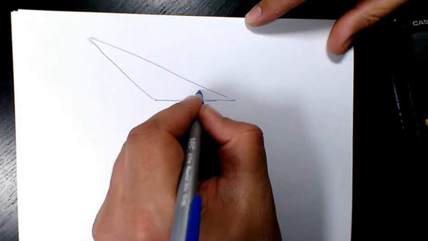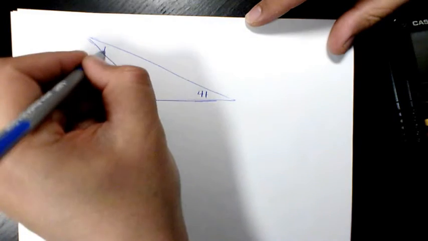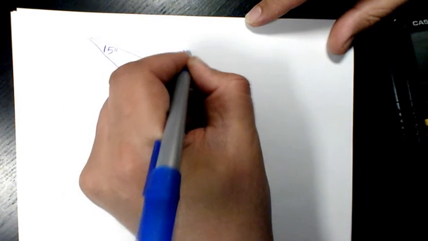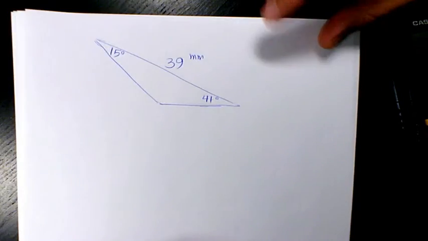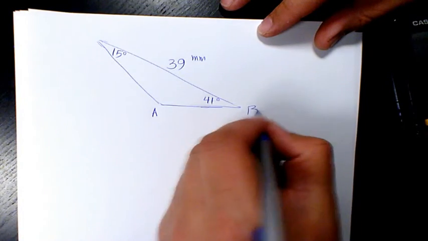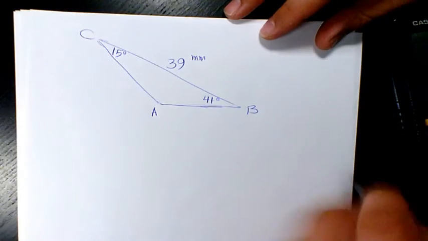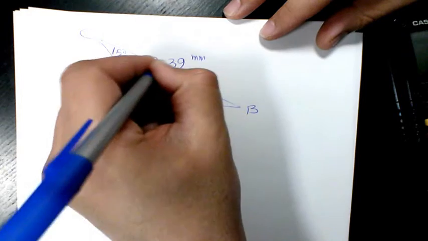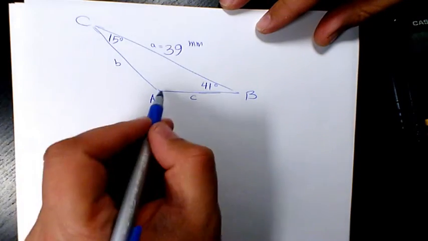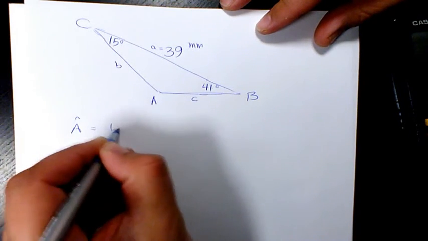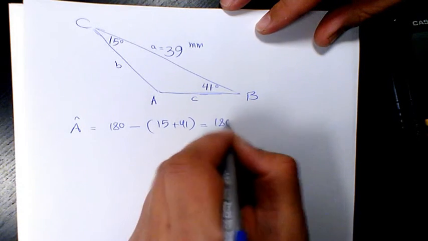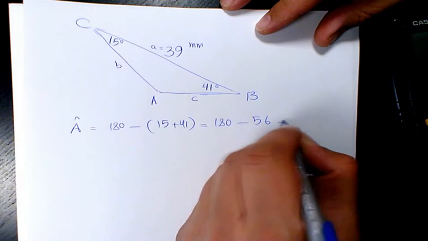Next one. We have 41, 15, 39 millimeter. A, B, C. So this one is going to be lowercase b, lowercase c, and here we have lowercase a. The angle A is going to be 180, subtract 15 plus 41, which is going to be 180 minus 56.